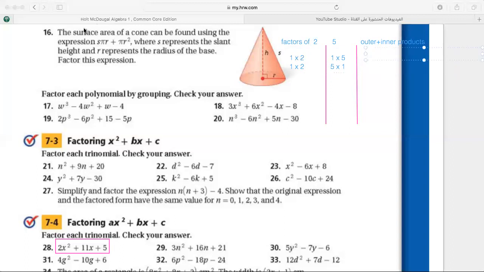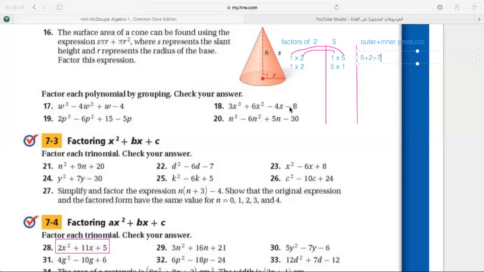Let's try the outer and inner. Outer: 5 multiply 1, and 5. 5 plus 1 times inner, 2 multiply 1 is 2, which is equal to 7.